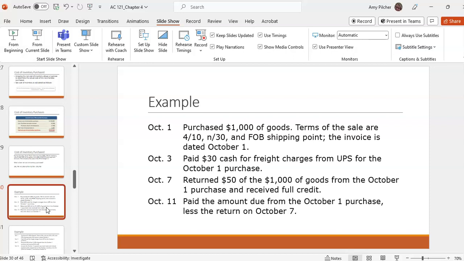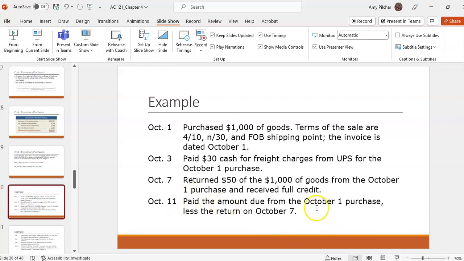We now have $950 worth of inventory with the $30 cost. So our terms are 4/10, so we're going to get a 4% discount. Now when we pay on October 11th, we are going to debit accounts payable for $950.